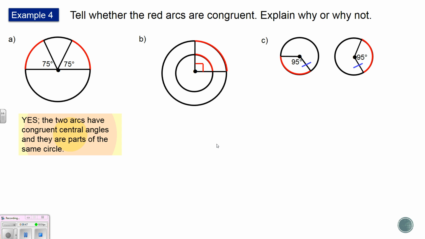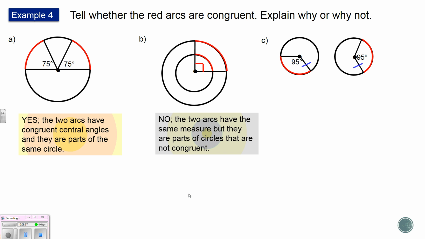In part B, the answer here is that these red arcs are not congruent. Even though they both have a measure of 90 degrees, this is what I was talking about. They both have a measure of 90 degrees because of the central angle, but if I were to walk from here to there, that's a lot shorter distance than walking from here all the way over there.